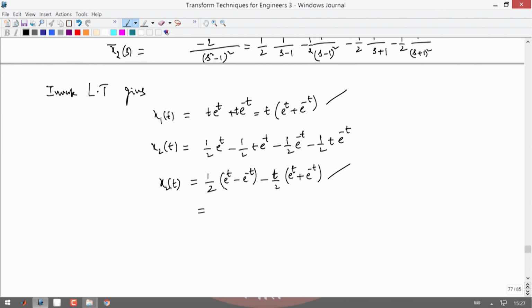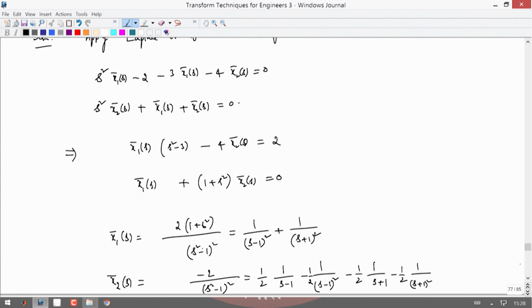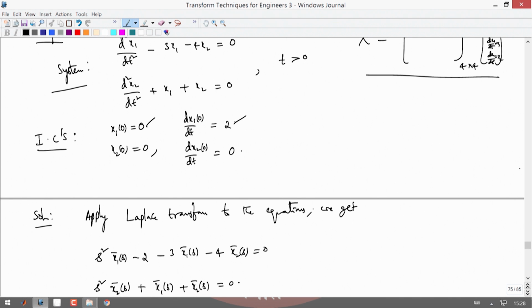So, you can also write this as sine hyperbolic t, and this is cos hyperbolic t times minus t times cos hyperbolic t. So, this is simply 2 times t cos hyperbolic t. So, this is how you can get the solutions of your equation that satisfy these initial conditions, all the 4 initial conditions.